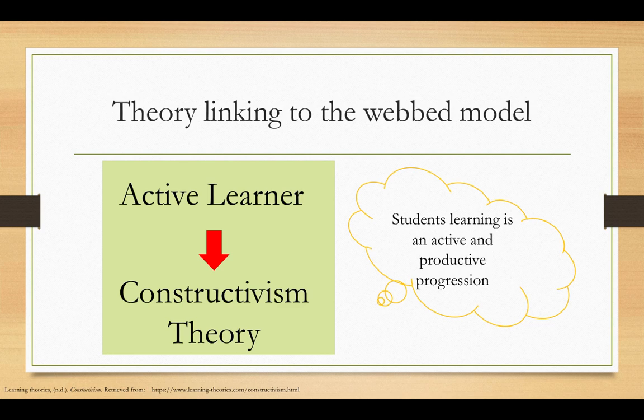Now, linking this theory to the webbed model of multidisciplinary learning, there are clear links that can be identified. Within the webbed model, we can initially see the many subject strands that can come from one topic. This shows how one topic area of study can be linked to many different curriculum areas. The constructivist theory relies on the idea that all learners are active participants in creating the foundation of new and existing knowledge.